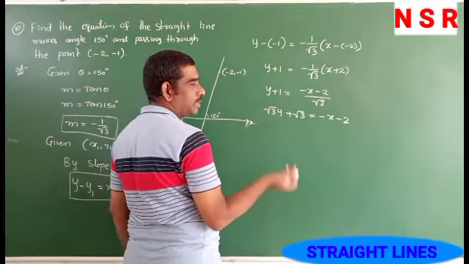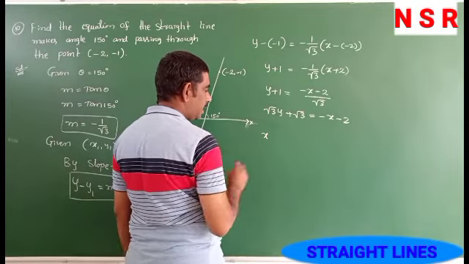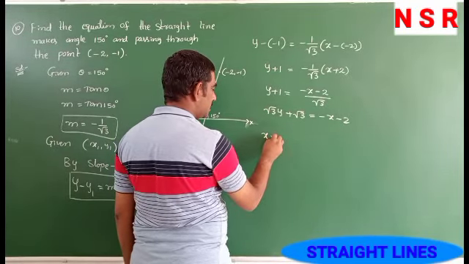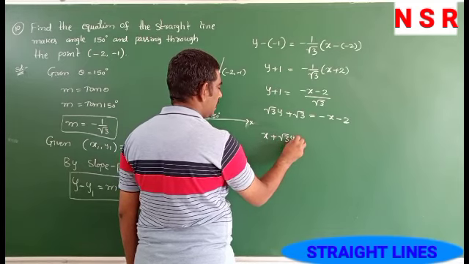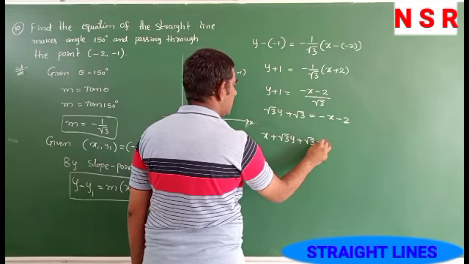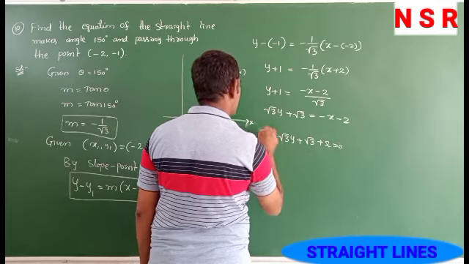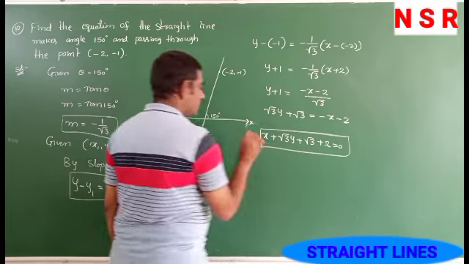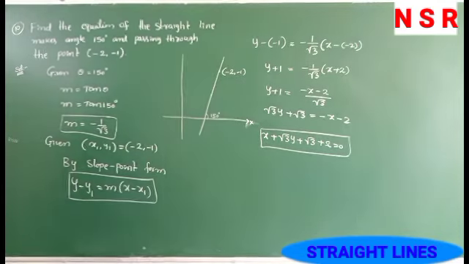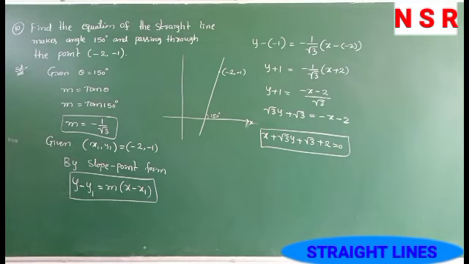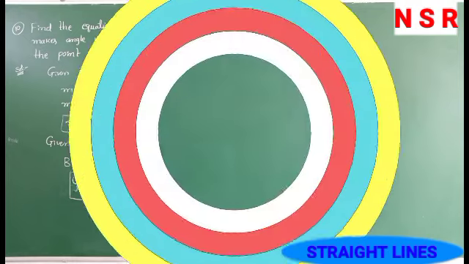So minus x and minus 2 move to this side, we get plus x, and root 3y plus root 3 plus 2 equal to 0. So if the line passes through one point and also makes an angle with the positive direction of the x axis, our straight line equation is x plus root 3y plus root 3 plus 2 equal to 0.